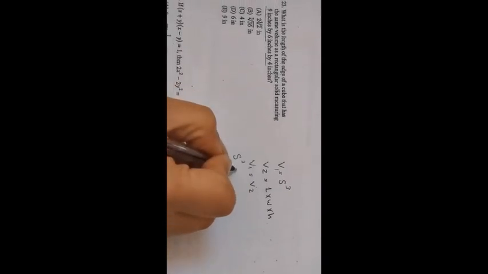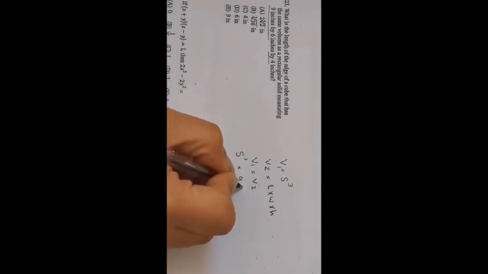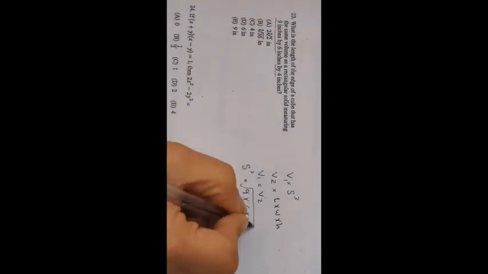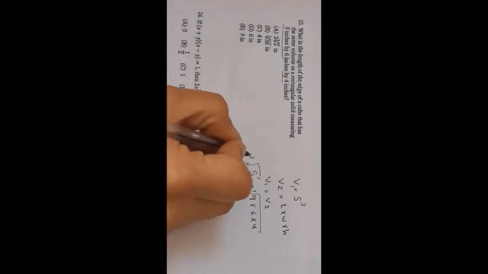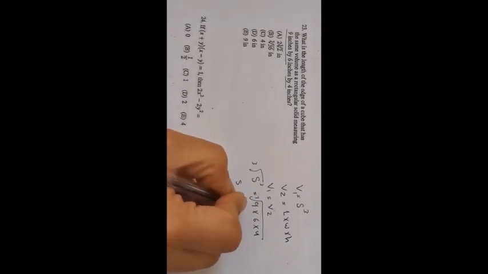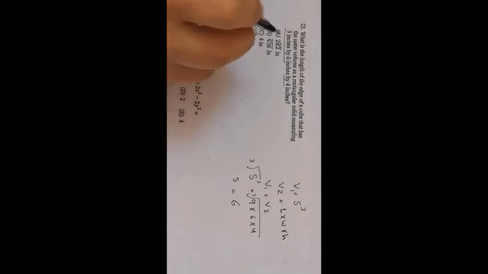Since the two volumes are equal, S to the power 3 is equal to 9 by 6 by 4. So taking the cube root, S is going to be equal to 6 inches.